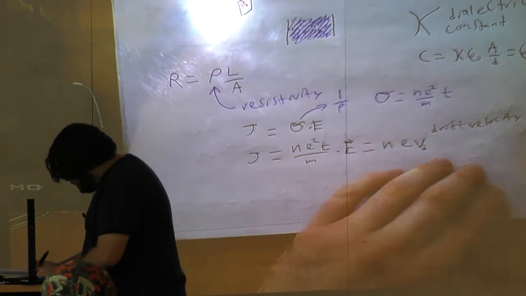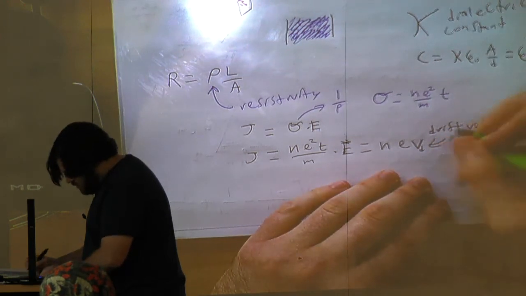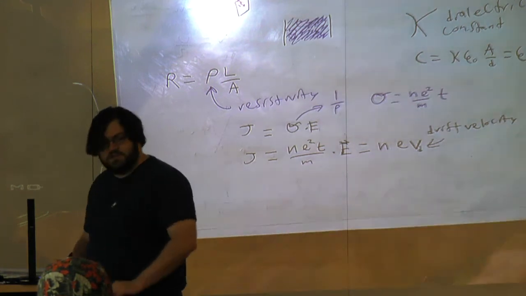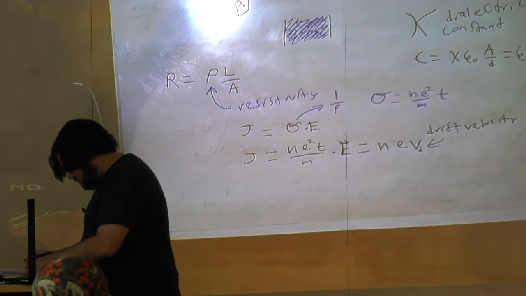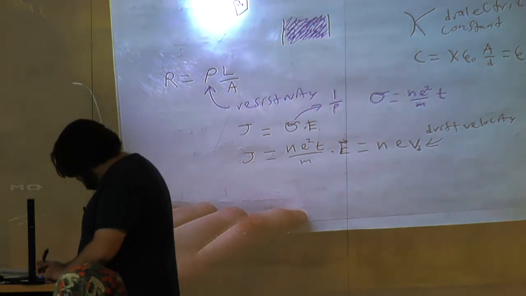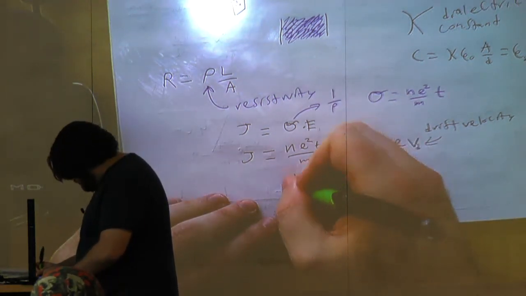We have drift velocity. We have the charge of a charge carrier and the number of charge carriers. And from this, we get this equation.